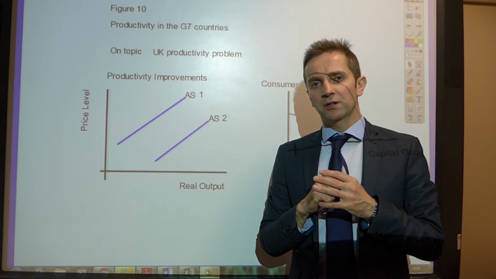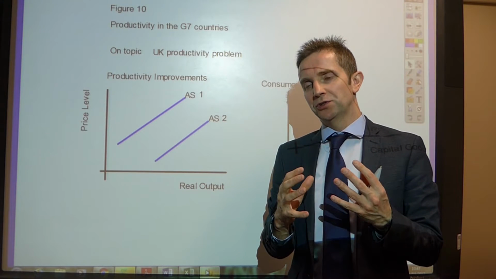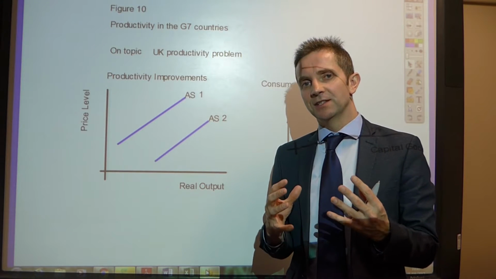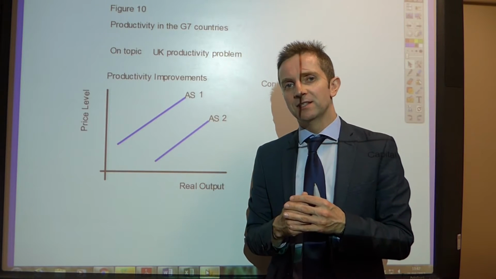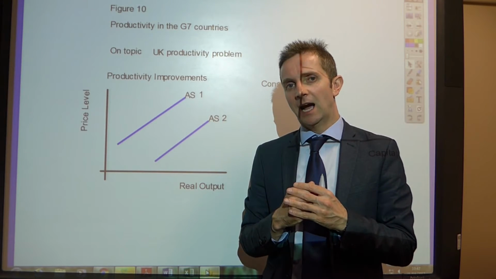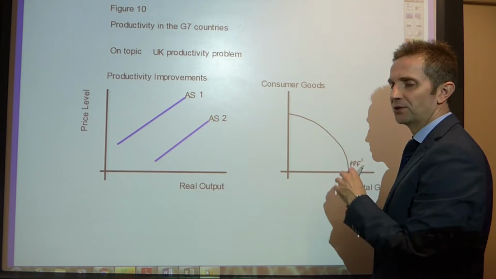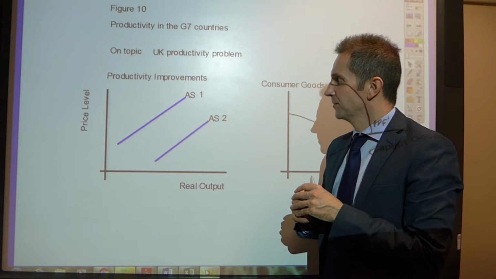Now, why would an economy want to produce productivity gains and productivity improvements, ladies and gentlemen? Well, let's think about this in terms of aggregate supply and production possibility frontier diagrams.